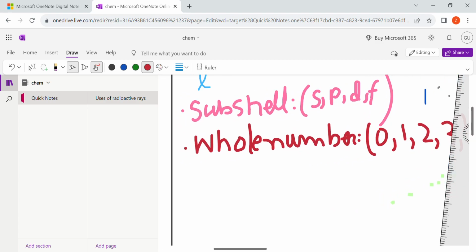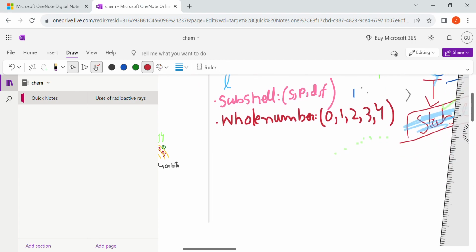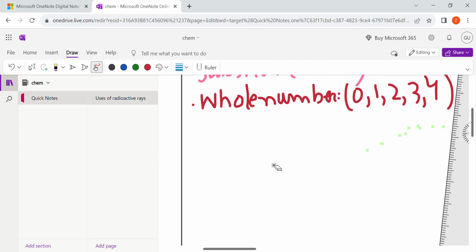Let's name them. What is the value for s? The value for s is 0, and if you want to write it in a very professional way, we would say L is equal to 0, and that refers to s.